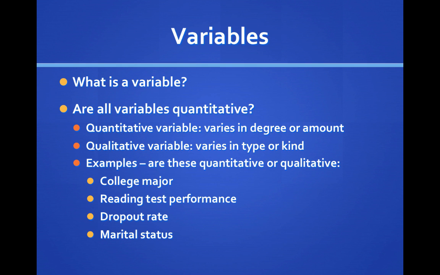But there's really no number or direction to marital status, even though we sometimes assign in our head that we'd rather be married than widowed or whatever. But there really is no number. A 5 of marital status is arbitrary, and the values of the variable of marital status are all qualitative.